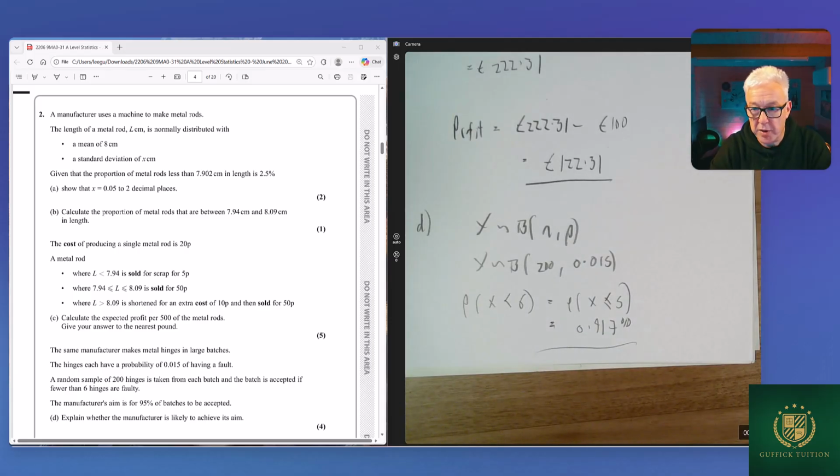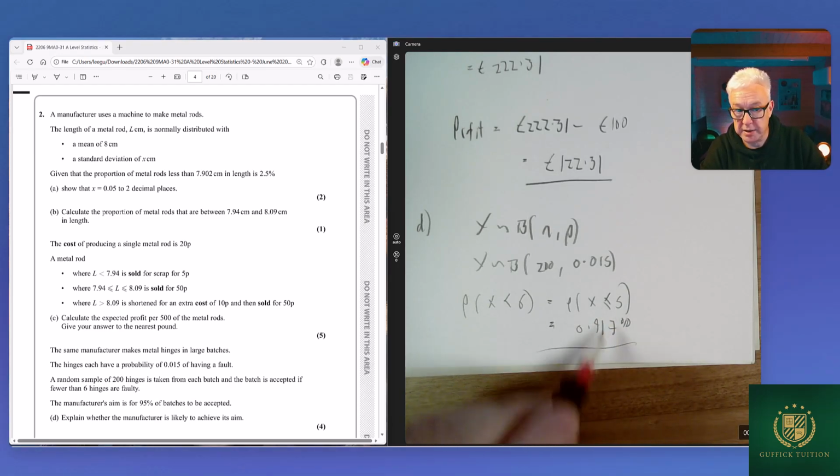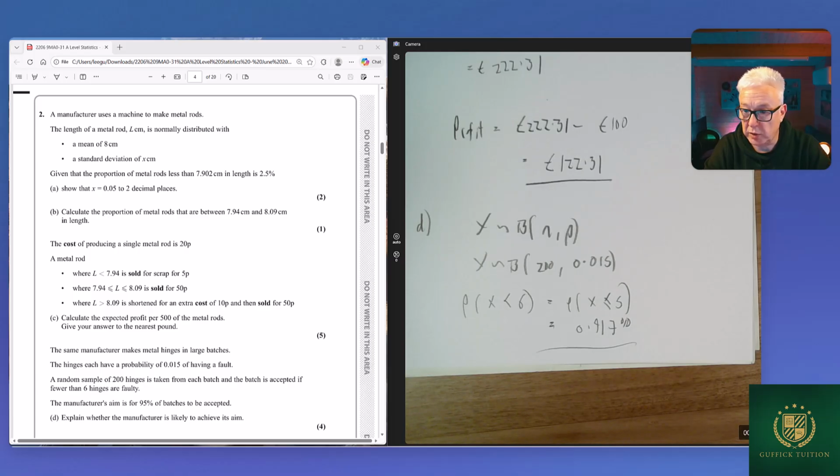So basically the probability that we're going to have batches with fewer than 6 being faulty is only 91%. So the manufacturer is not likely to achieve their target of 95%, because only 91% have fewer than 6 that are faulty. We would just say that the manufacturer is unlikely to achieve their target.